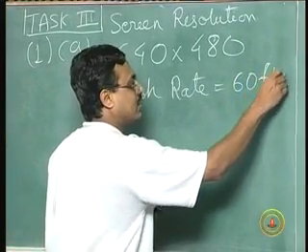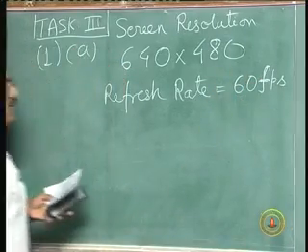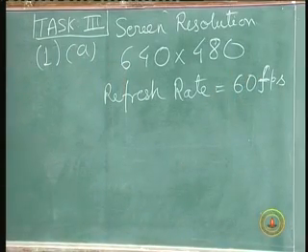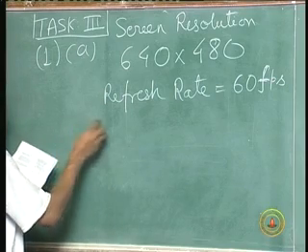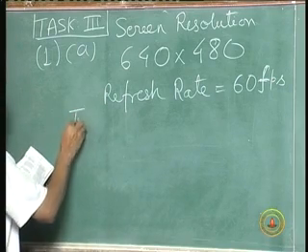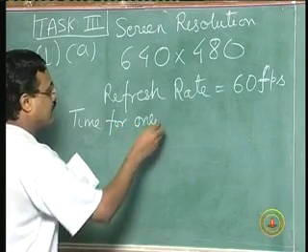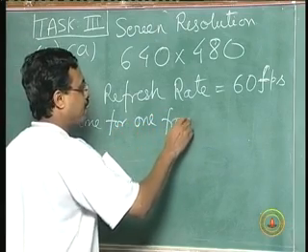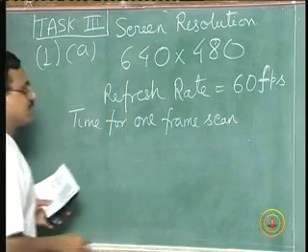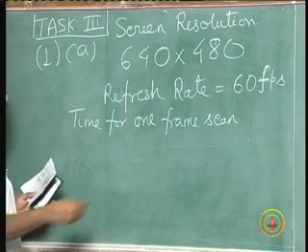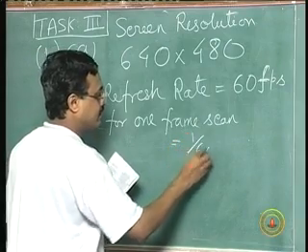I did teach you that you can use these terms interchangeably. Hertz means per second, or FPS is frames per second. So, if that is the frames per second, then the time required to scan one frame, I write it as time for one frame scan, is basically 1 by 60.